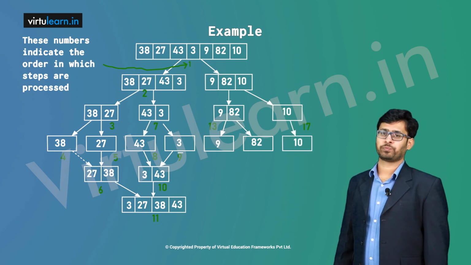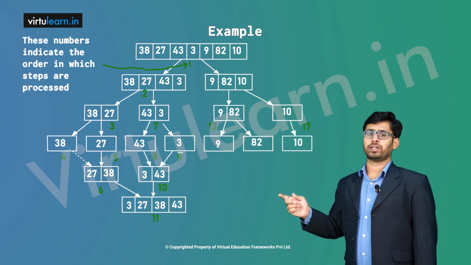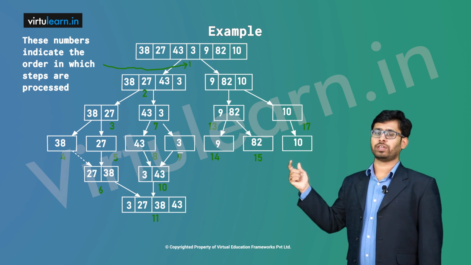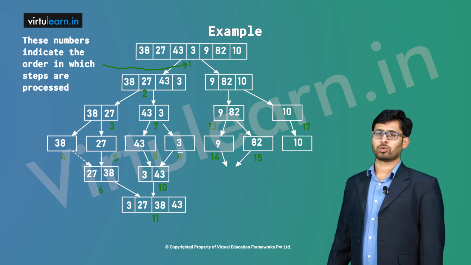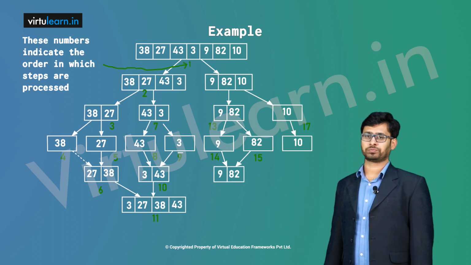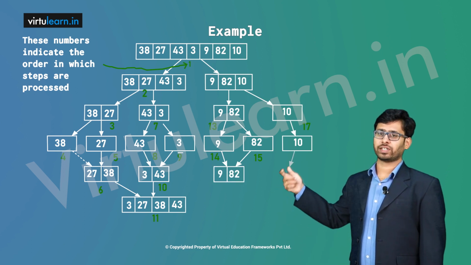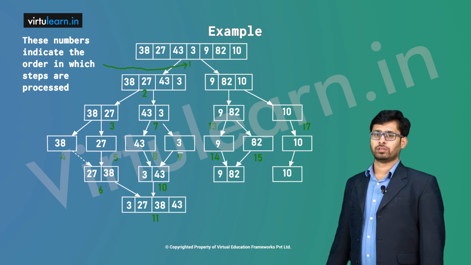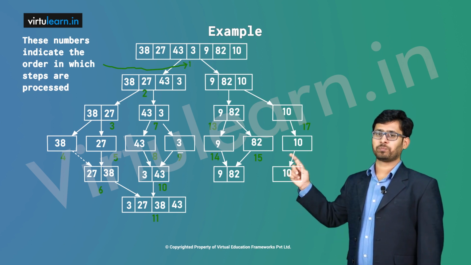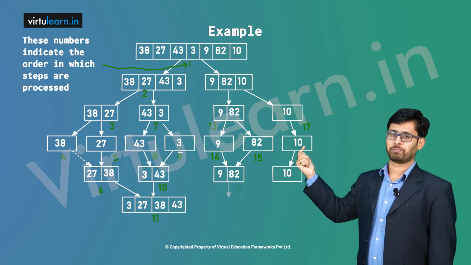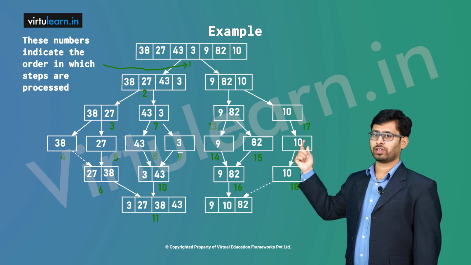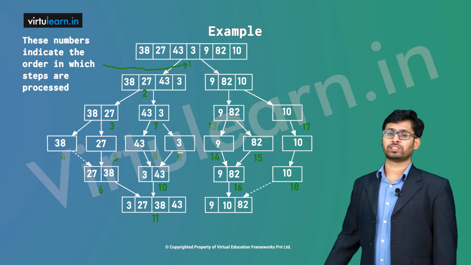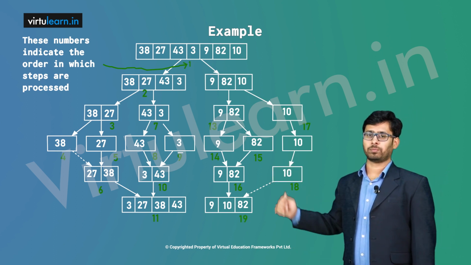Now 9 and 82, if you perform the sorting, are in their positions, because 9 is less than 82. Next 10 is in its position. Now let us compare 9, 82 and 10. So first we get 9, next 10, next 82. This is the second half of the sorted array.